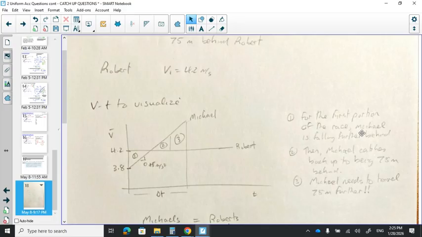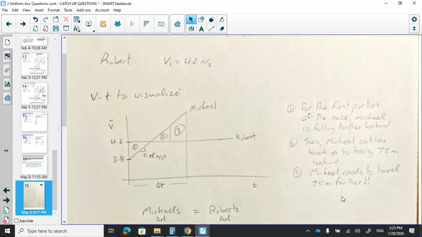Just because he's accelerating doesn't mean he's all of a sudden catching up. He's still going slower than Robert, so he's falling further behind. Then section 2 would be catching up to being that 75 meters behind, and then section 3 would be needing to travel another 75 meters.